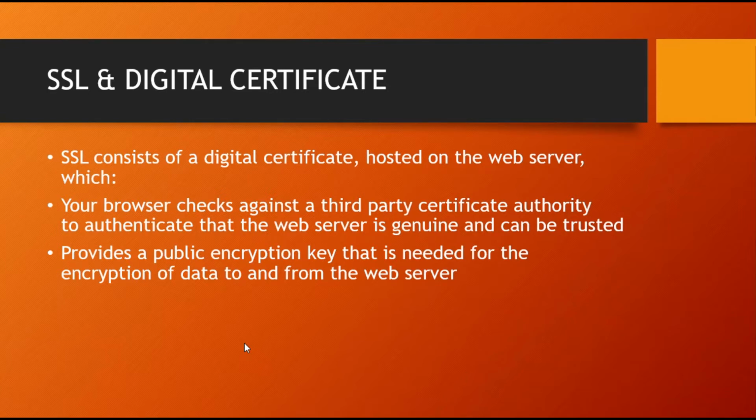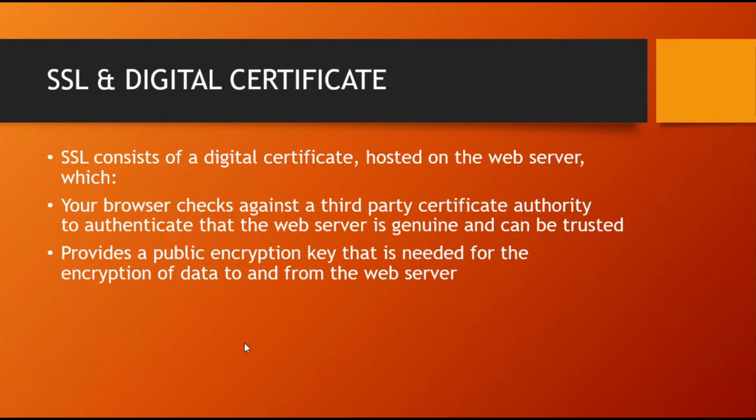Now there is a third party certificate authority that authenticates that the web server is genuine and can be trusted. Okay, a third party that distributes those digital certificates to web servers. It provides a public encryption key that is needed for the encryption of data to and from the web server.